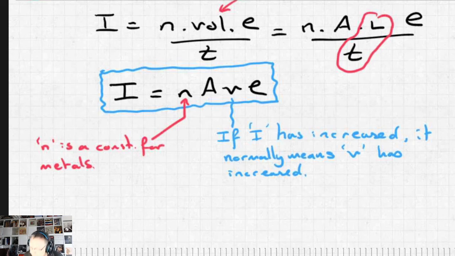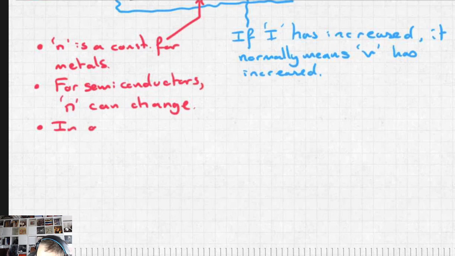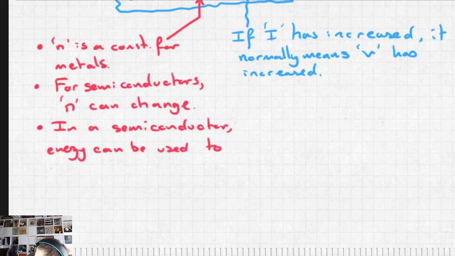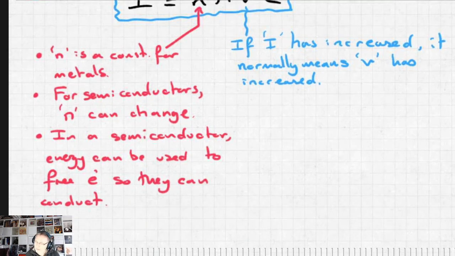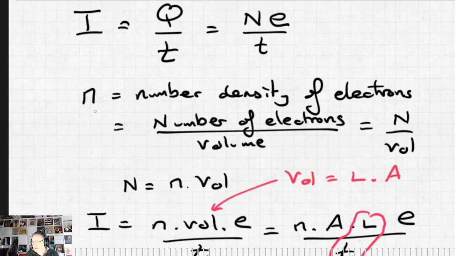Now, for semiconductors, n can change. In a semiconductor, energy can be used to free electrons so they can conduct. And if you remember, n was the number density of electrons, but these were the conduction electrons. These are the free electrons.